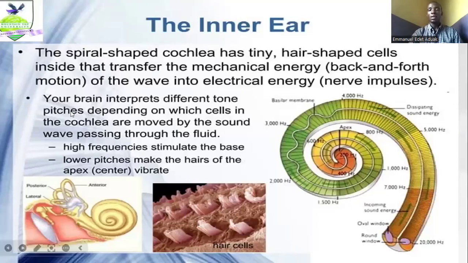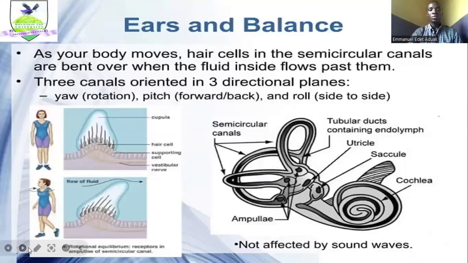Your brain interprets different tones or pitches depending on which cells in the cochlea are moved by the sound wave passing through the fluid. So high frequencies stimulate the base, while low pitches make the hair cells of the apex vibrate. So here's balance.